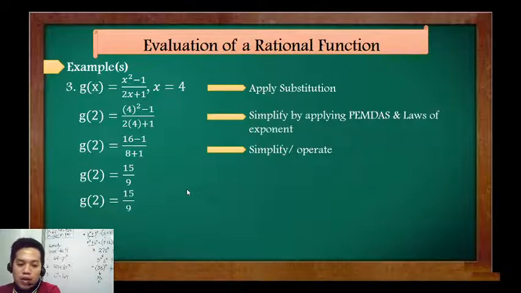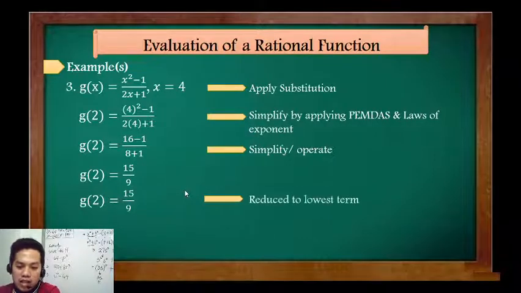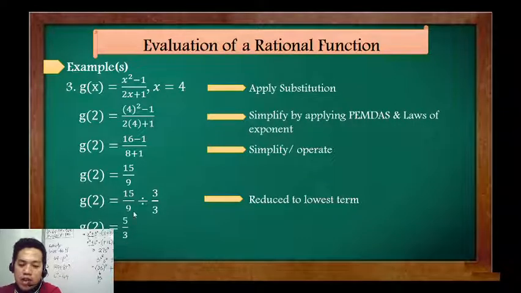Okay, 15 over 9, okay, mangita tag number which is divisible by the numerator and also divisible to denominator. Okay, so 15 over 9 can be reduced to lowest term by dividing both sides by 3. So 15 divided by 3 is 5. 9 divided by 3 is 3. So as you can observe, 5 and 3 is a prime number. Okay? Walay laing factor aside from 1 and itself.